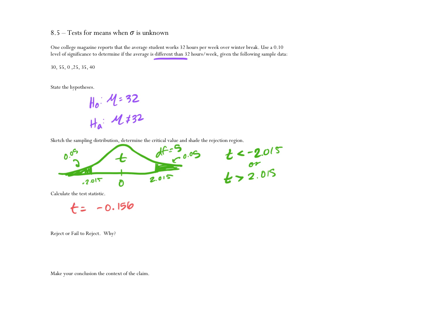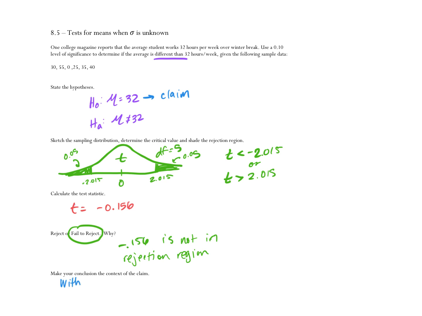All right, you guys? Reject or fail to reject? Fail to reject. Negative 0.156 is not in the rejection region. Where was my claim? The claim is mu equals 32. So that would use the mu of 32 because it's a claim.